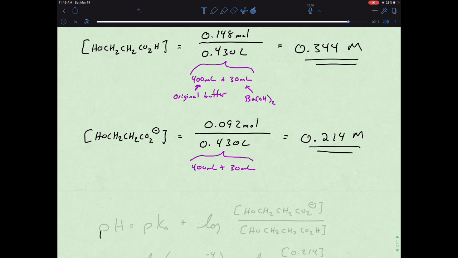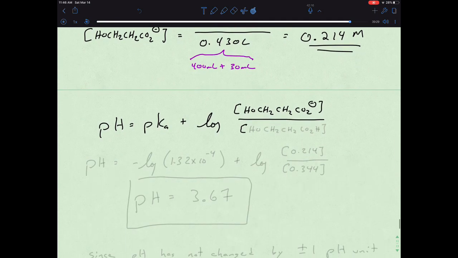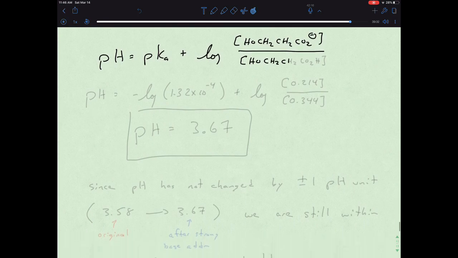So now that we have those new concentrations, we can plug that directly into our Henderson Hasselbalch expression. So our pH would be equal to our pKa plus the log of the conjugate, the glycolate, over the glycolic acid. And now we're just plugging in our values, right? pH would be equal to the negative log of our Ka for the pKa, which was 1.32 times 10 to the negative fourth.